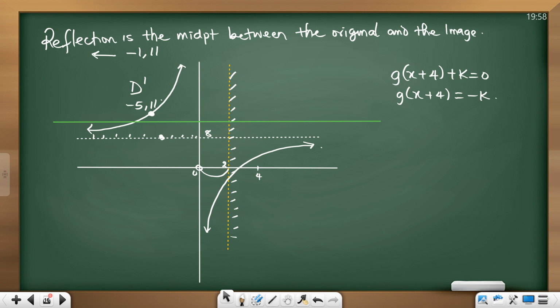I'm always referring to x values, remember? Less than negative 5 or greater than what? Negative 5. Equal to, so what are we looking for?